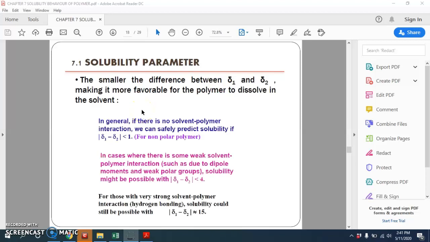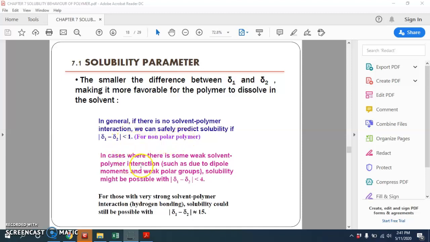So solubility parameter, the smaller the difference between solubility parameter 1 and solubility parameter 2, making it more favorable for the polymer to dissolve in the solvent. In general, if there is no solvent-polymer interaction, we can safely predict the solubility of sigma 1 minus sigma 2 is less than 1 for non-polar polymer.